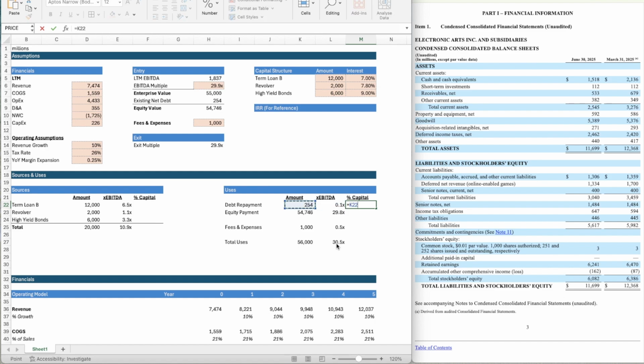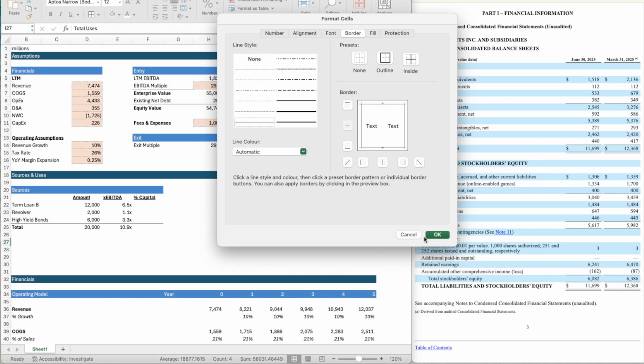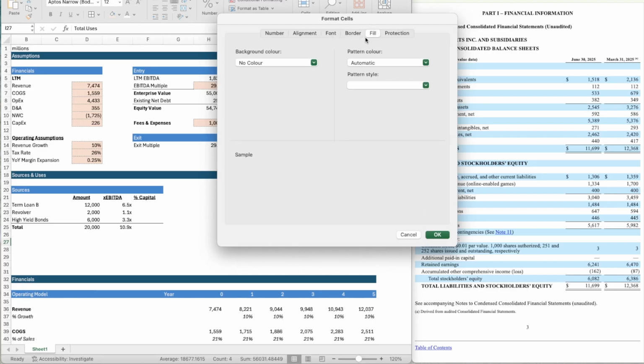And to work out the percentage of capital, we just see what it is relative to the total. Lock in K27. There we go. Perfect. Let's just put a grey box, and we'll get a box around this. We can make it a bit grey as well. I don't know.